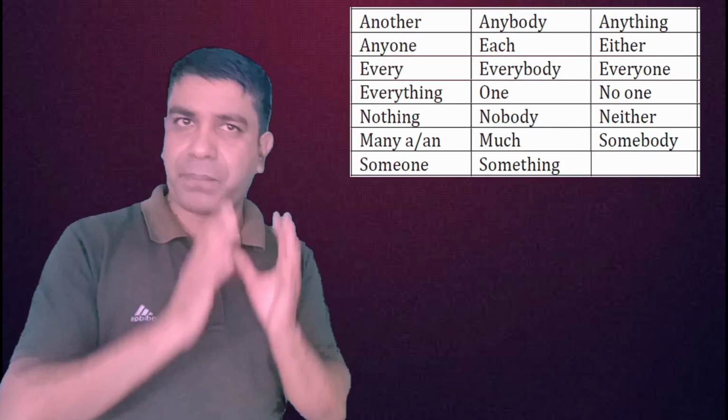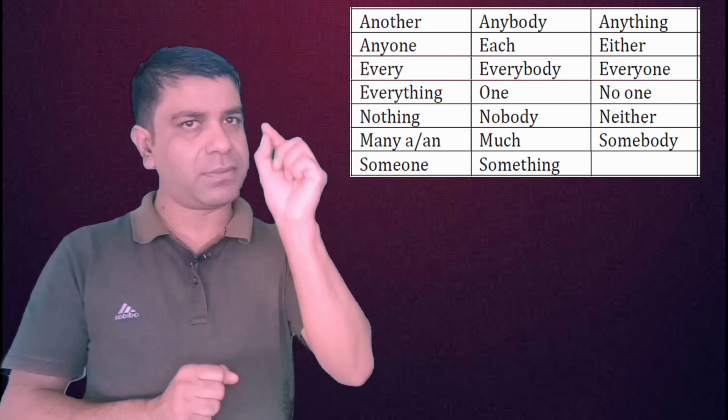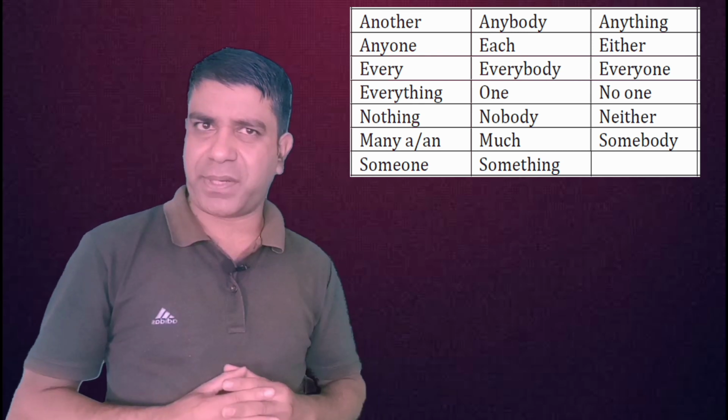That's very simple. Now let us move on to the third very important point. When singular indefinite pronouns appear before a compound subject, a singular verb must be used. Now, what are singular indefinite pronouns?